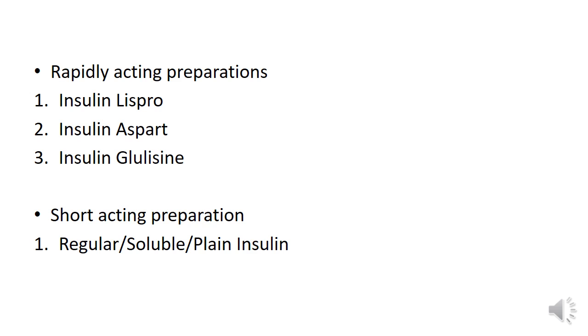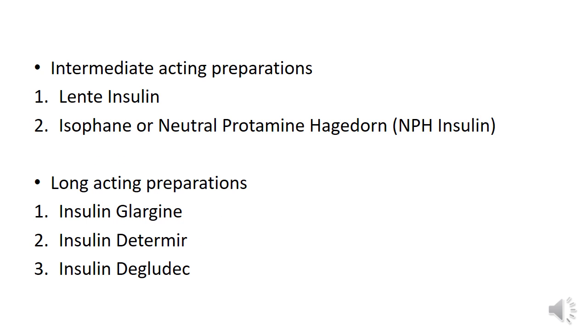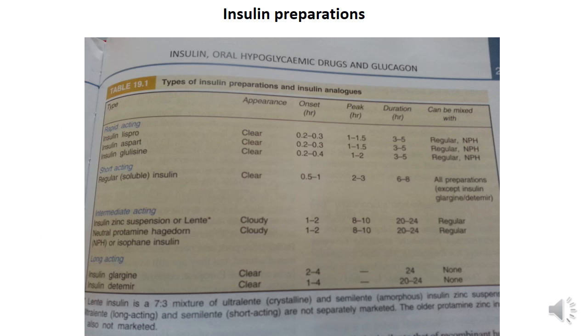Short acting insulin preparation, we have regular or soluble or plain insulin. Intermediate acting preparations, lente insulin, isophane or neutral protamine Hagedorn, NPH insulin. Long acting insulin preparations are the long acting and peakless insulin analogues, glargine, detemir, degludec. So this is the classification of insulin preparations based on their pharmacokinetics.